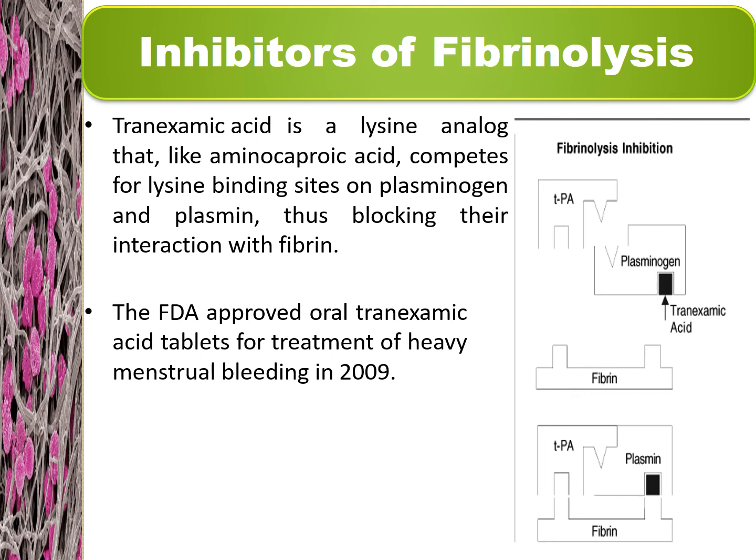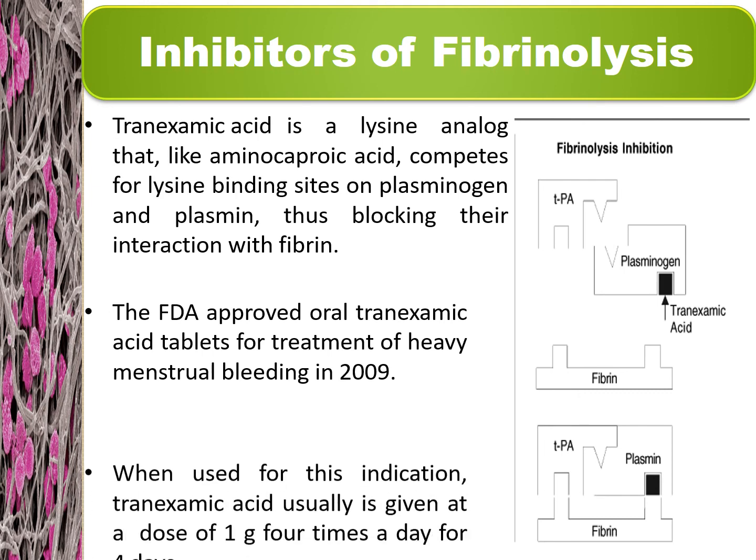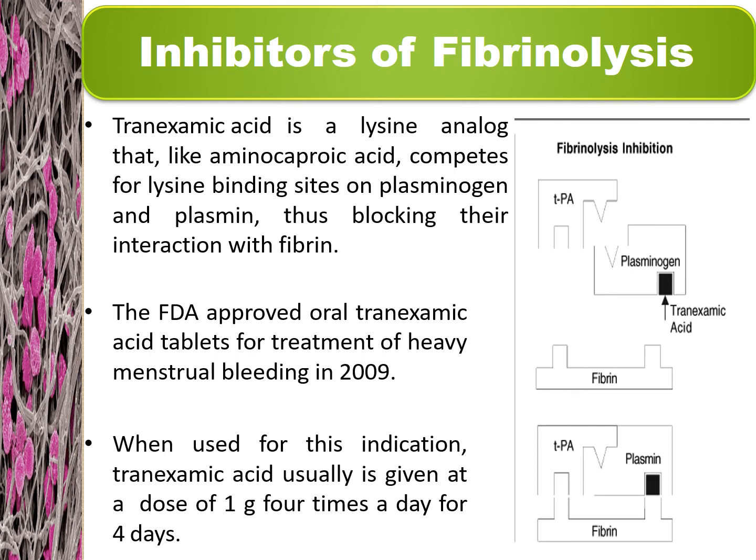The FDA approved an oral tranexamic acid tablet for the treatment of heavy menstrual bleeding in 2009. When it is used for this indication, tranexamic acid is usually given at a dose of 1 gram 4 times a day for at least 4 days only.